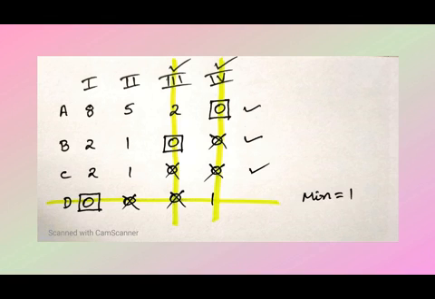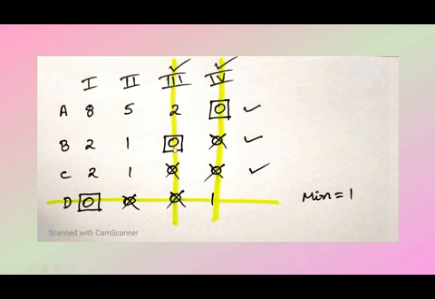So what next? We need to go with drawing the lines. How to draw lines? Tick the row with no assignment. Row C does not have an assignment, so I tick it. In the ticked row, wherever I have a crossed 0, tick the corresponding column. So I tick this column and I tick this column.